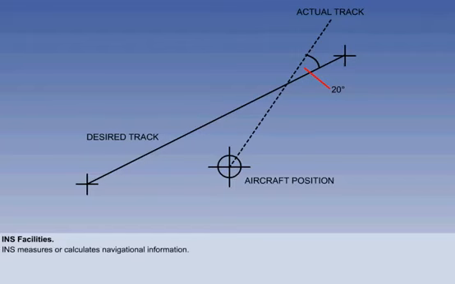It is the difference between the desired track angle and the track angle you are flying at the time. Your actual track angle is the combination of your heading and your drift. If you are following the INS steer, the desired track angle and the actual track angle should be the same. However, if you've had to deviate from following the steers, again, possibly because of a mandatory air traffic control instruction, the two will not be the same. The difference is known as track error angle.